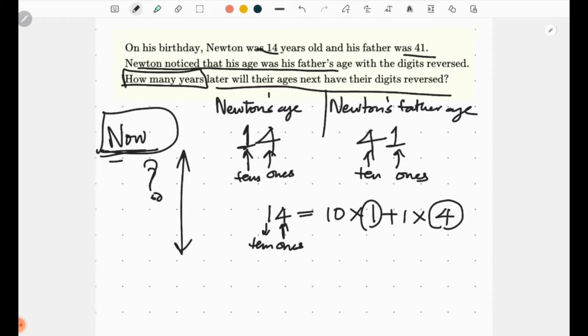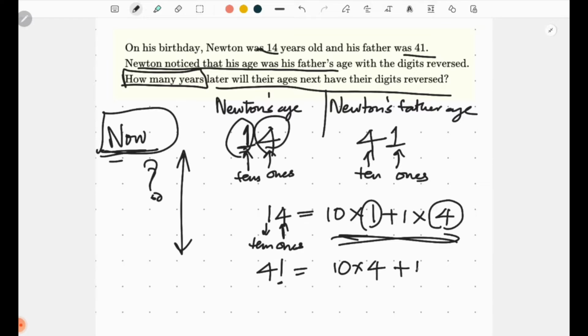So you expand the number 14 using the digits 1 and 4 in this fashion. Same way 41. How is 41 expanded? So 10 into 4 plus 1 into 1. So it's basically 40 plus 1, which we write in terms of tens and ones, right? So that is how a number is expanded.